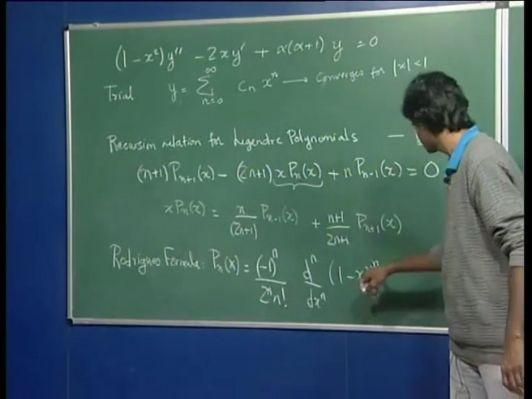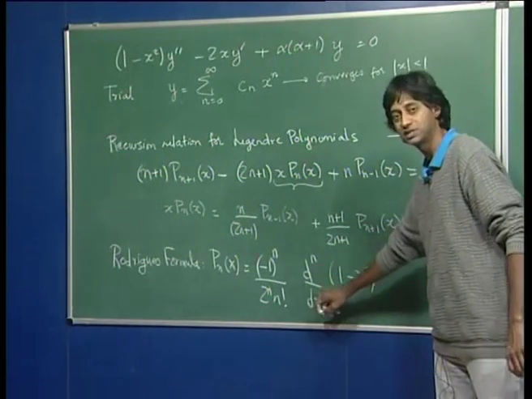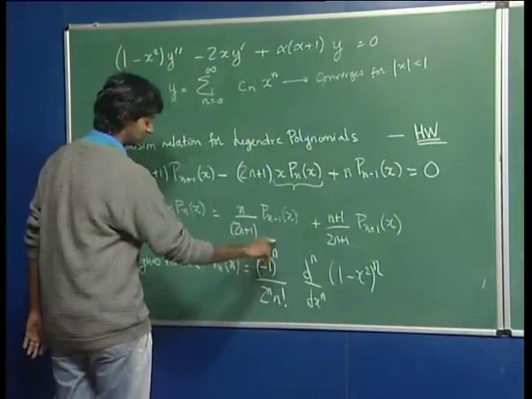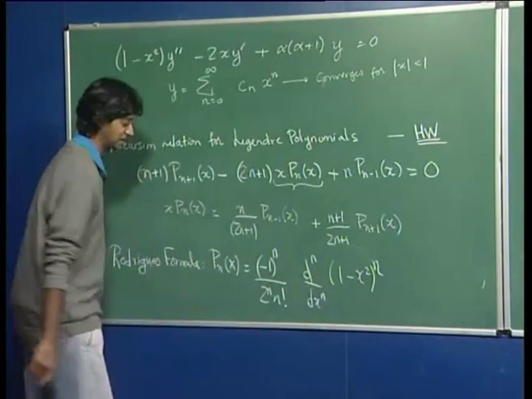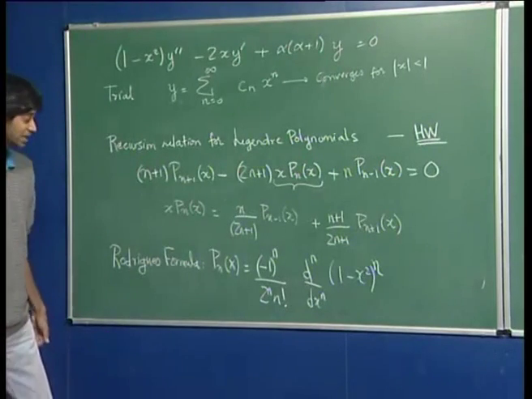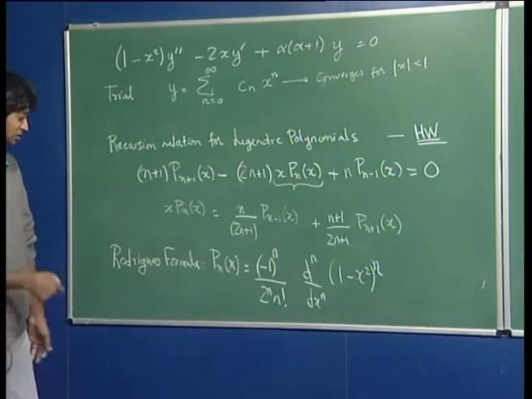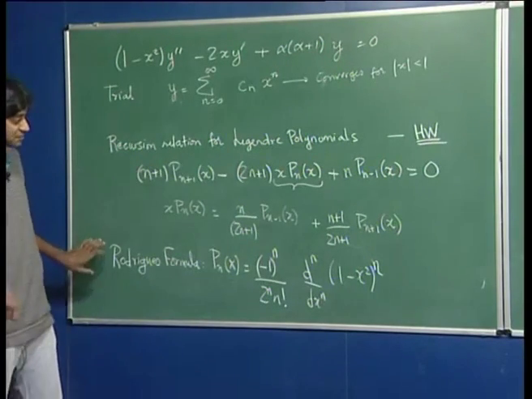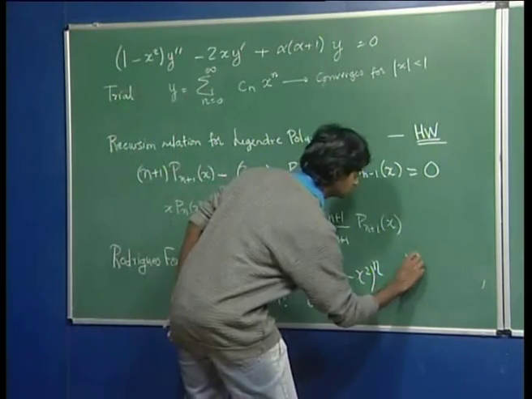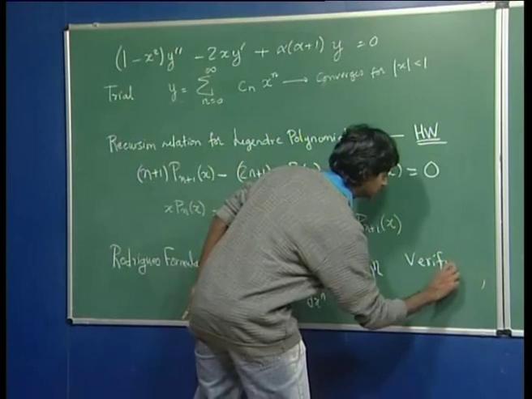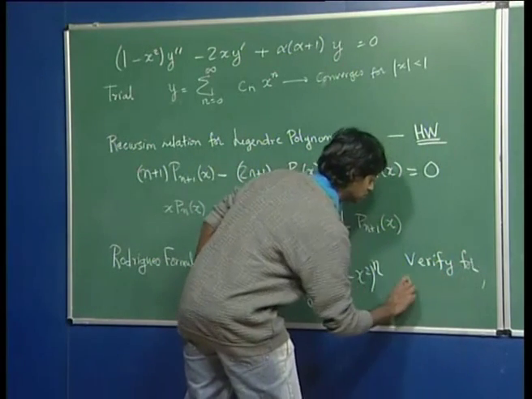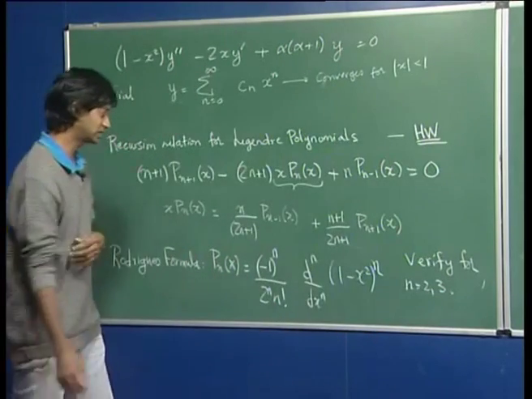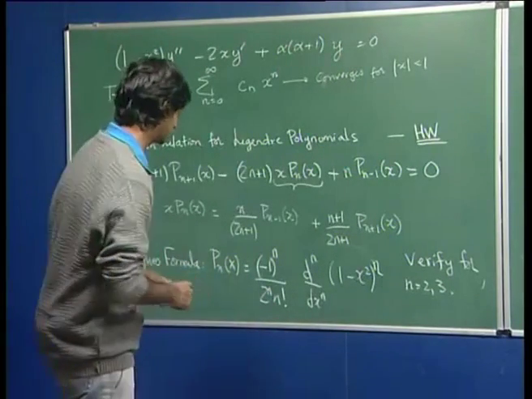You take 1 minus x square raised to 4, you take the 4th derivative of that, and then you multiply it by minus 1 raised to 4 divided by 2 raised to 4 factorial, and what you get will turn out to be the Legendre polynomial. This was a formula derived by Rodrigues. You can verify it for n equal to 2, 3. That's another exercise for you to do.